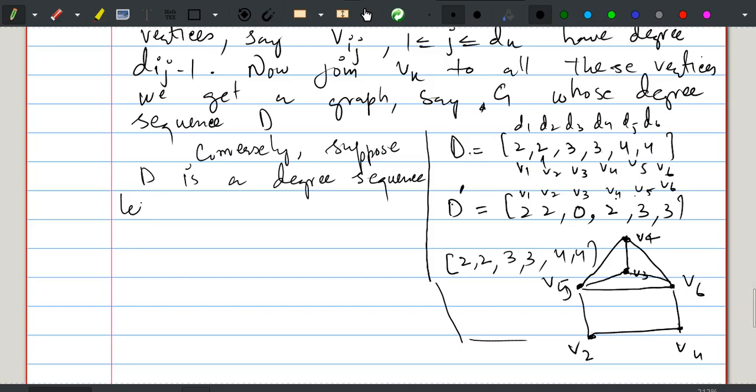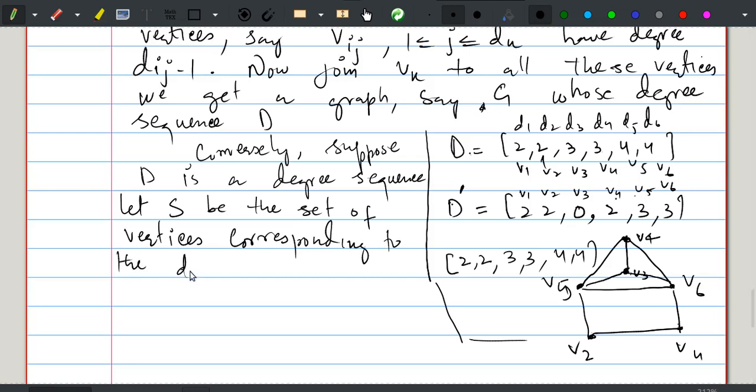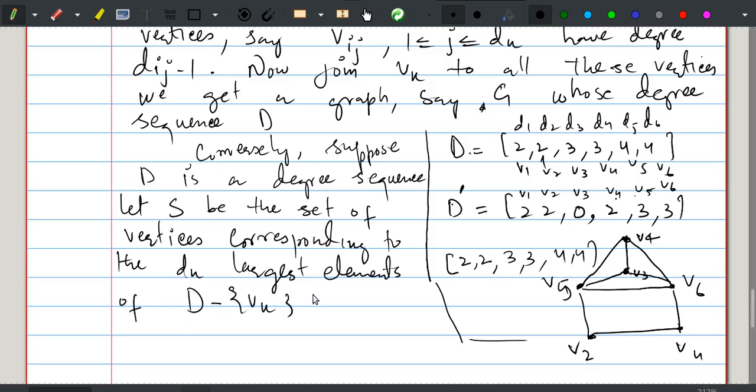Let S be the set of vertices corresponding to the Dk largest elements of D minus Vk.